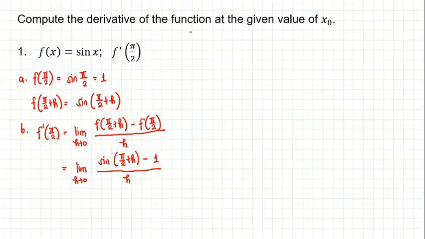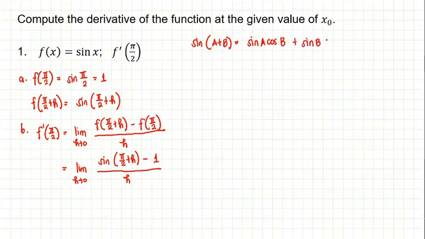Okay, if you can still recall, sine of a plus b is just equal to sine a cosine b plus sine b cosine a. Okay, so therefore from that, we can let our a as pi over 2 and b as h. So therefore, this a here will become pi over 2, b is h, b is h here, then a is pi over 2.